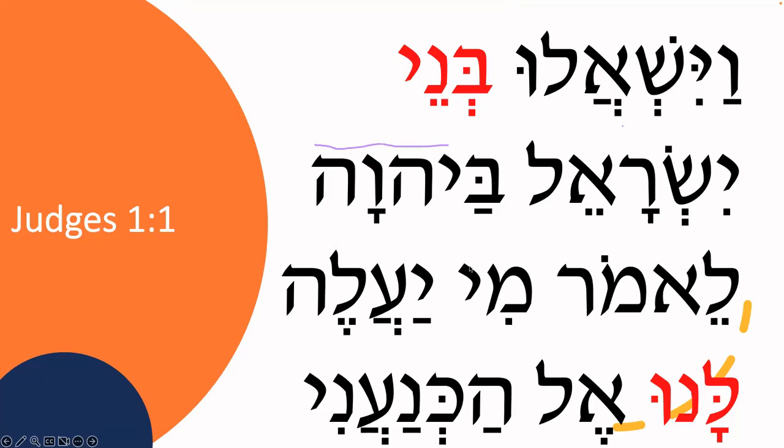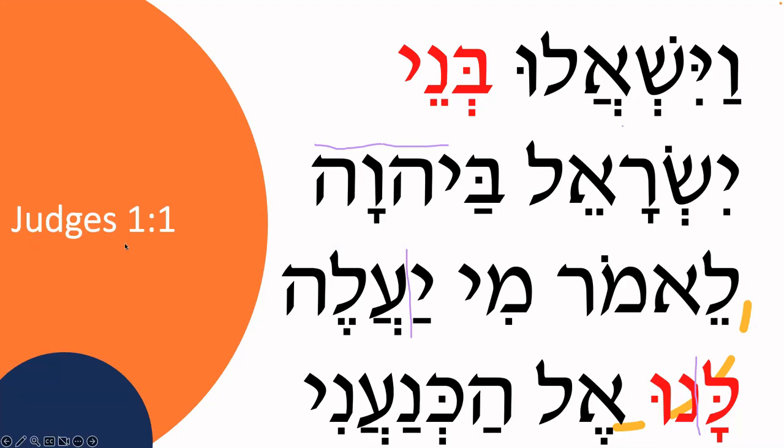So who, and this is a verb we haven't learned yet, but we know the root here. Who will go up for us? Lanu. Close. You got the us because of the nu, there's our suffix. Lanu, for us. El, to. You got it. To the Canaanites. Who will go up for us to the Canaanites?